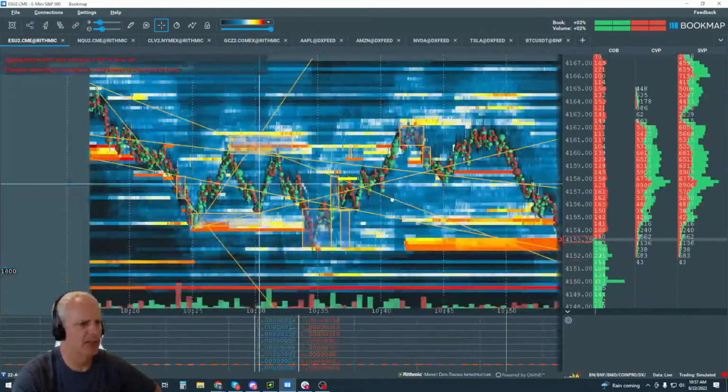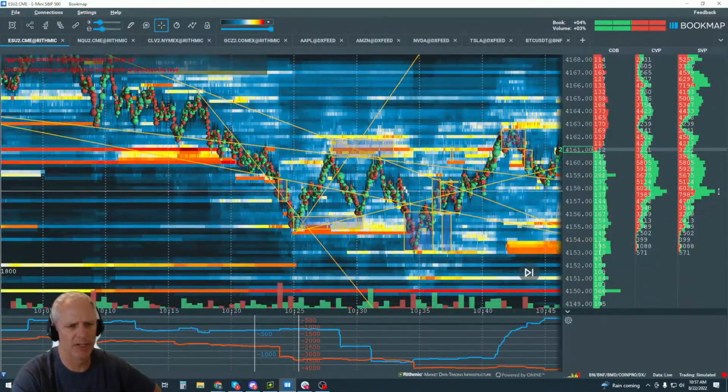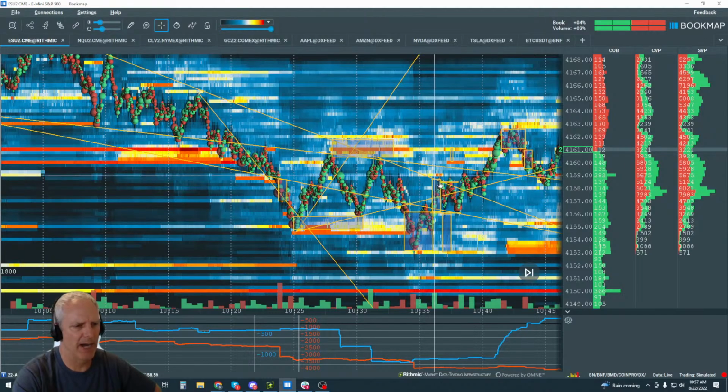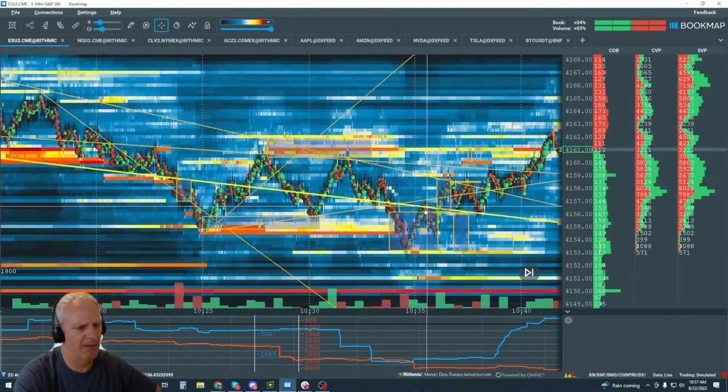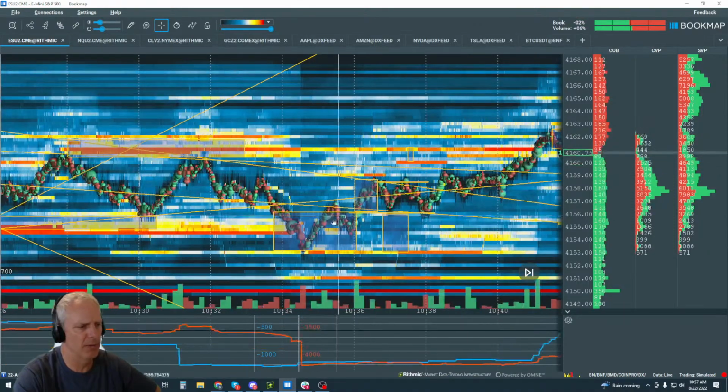Here, let me just cover this, this is really kind of important. See the high volume node in here, the buying above it, and then that can give us some insight back up into this 60 level. And this is where I was talking about. We had the stop run, this zone, the flip.